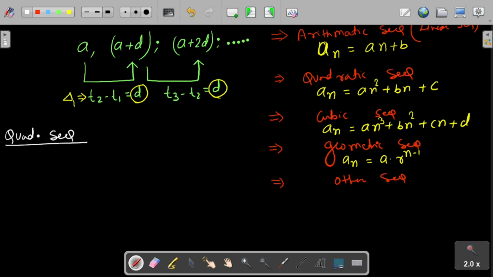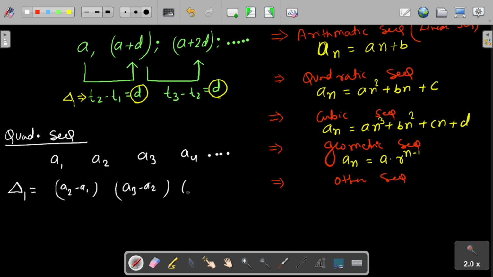Let us see the quadratic sequence. What's the condition for a quadratic sequence? The difference of difference. Let us suppose we have terms like a1, a2, a3, a4, and so on. The first differences, that is a2 minus a1, a3 minus a2, a4 minus a3, will not be constant. We have to take the next difference between these terms, and this is going to be constant.